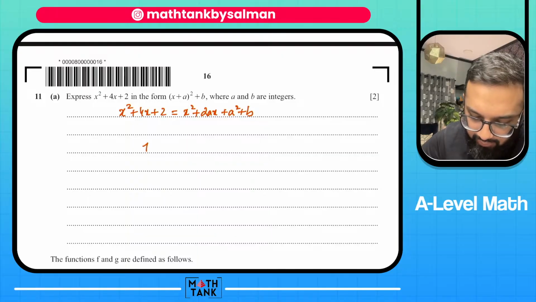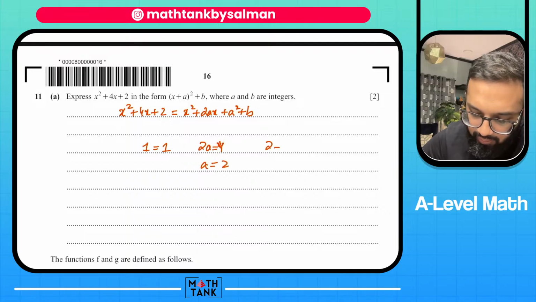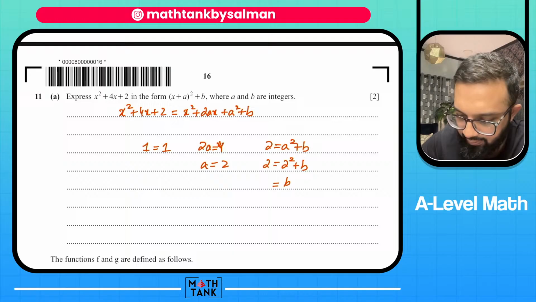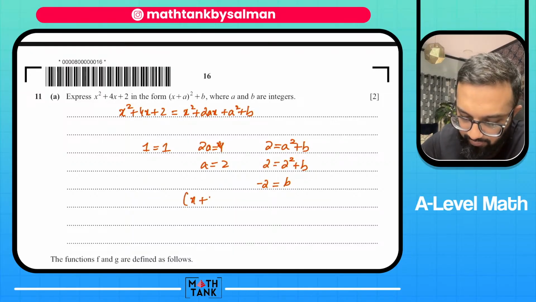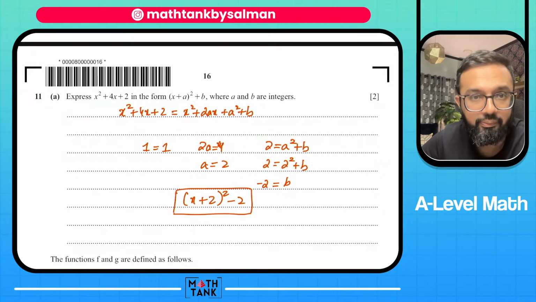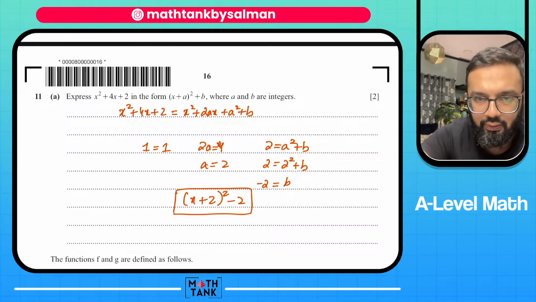So let's do a comparison. 1 is 1, 2a is 4, so a is 2, and 2 equals a squared plus b. 2 squared plus b. B is minus 2. So x plus 2 whole squared minus 2. So that should be the correct answer.